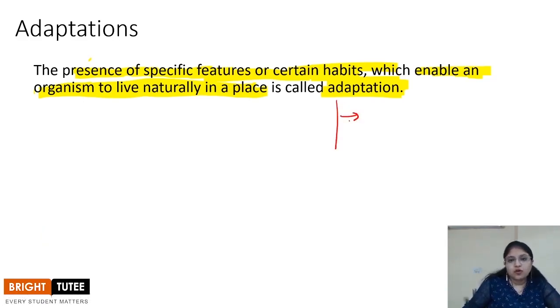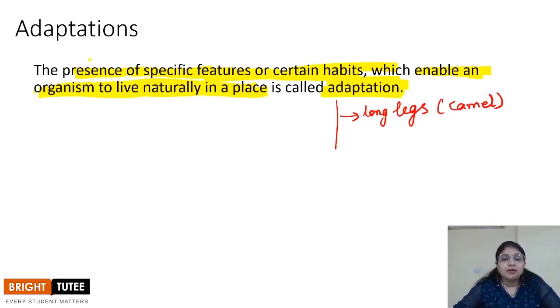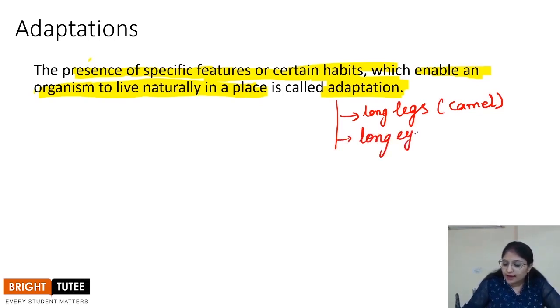The examples can be given as the adaptations of animals also, like the long legs in the case of camel. This again is an adaptation which helps the camel in surviving the hot climate of the desert. Also, the long lashes, that is the eyelashes of the camel, also help in the survival.